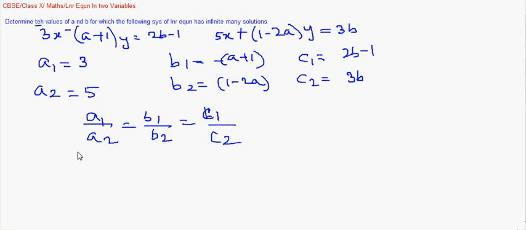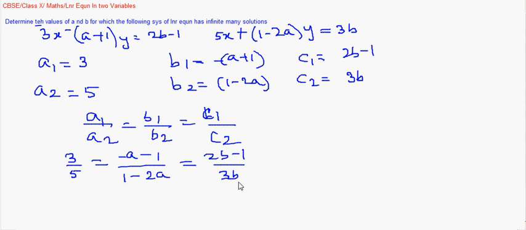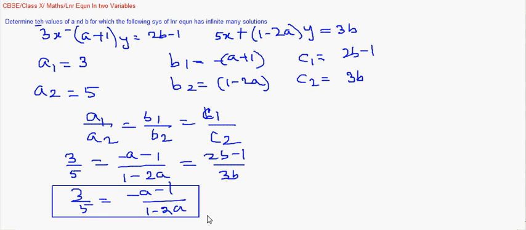This is 5, this gives us minus a minus 1, because if I remove the bracket that's what I get, equals 2b minus 1 and 3b. So what you can do is take one equation as this pair, right? It is 3 by 5 is equal to minus a minus 1 by 1 minus 2a. Cross multiply, get an equation, solve it, and you'll get the value of a.